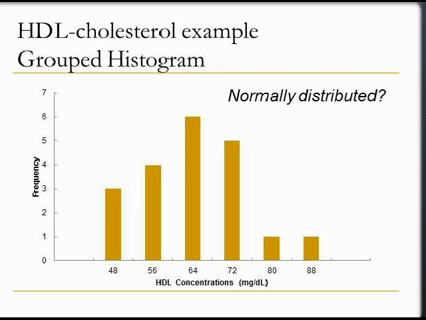So here's a histogram again of HDL concentrations on the x-axis and the frequency of those on the y-axis. So I'll ask the question, just more rhetorical than anything else, do we think these are normally distributed? Okay, do we think we could fit, or I guess I do that later, I apologize.